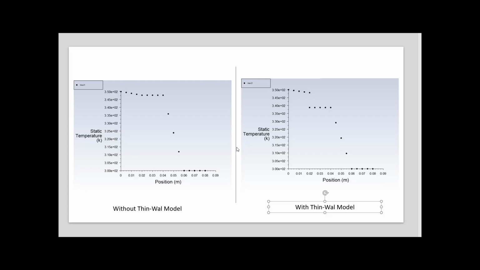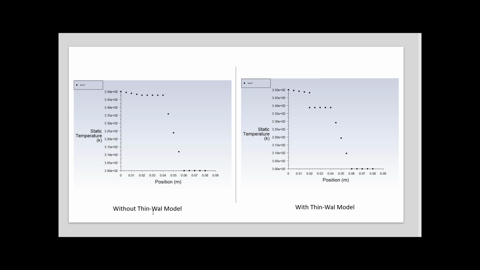Once the simulation has ended, we can also obtain the temperature profile for the case where the thin wall model was enabled by prescribing a wall thickness for the top wall of the heater. Then you can see the difference in the temperature profile for both cases.